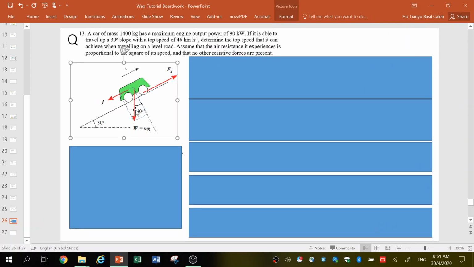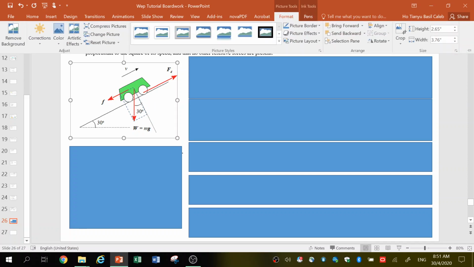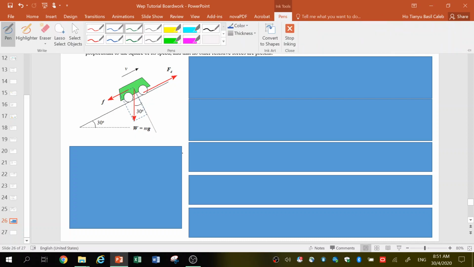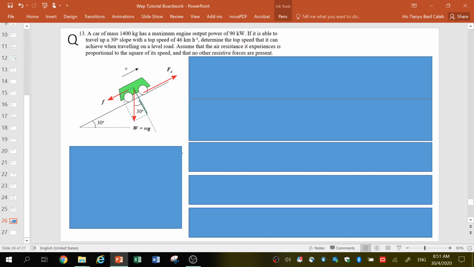So I can resolve this weight to the component that is perpendicular to the slope, which is inwards. But this is of no value to us, because whatever this green arrow is, there will be a normal reaction force N of the same value, so the car doesn't go into the slope.